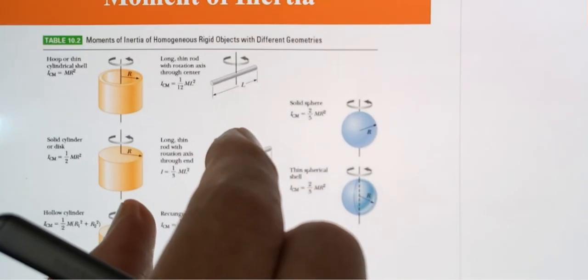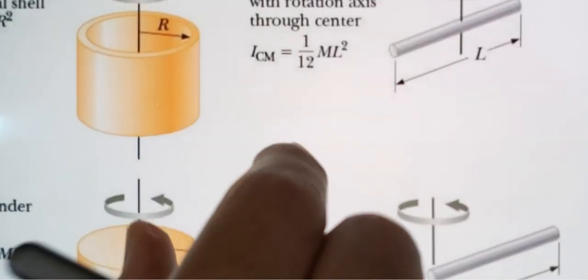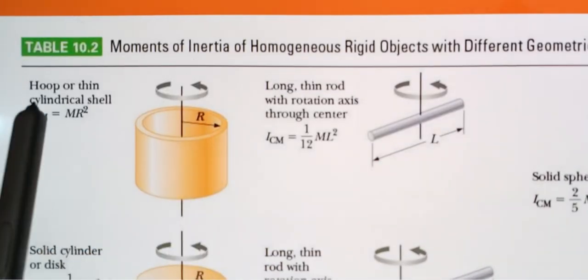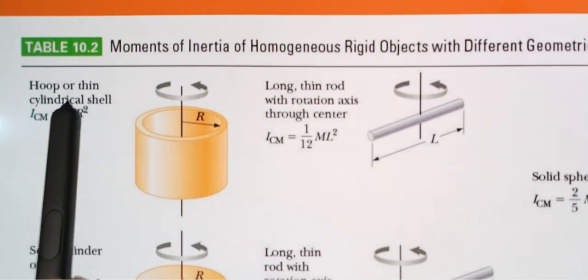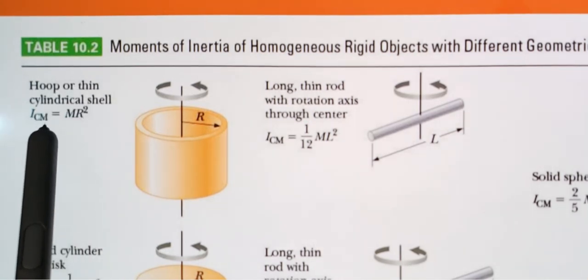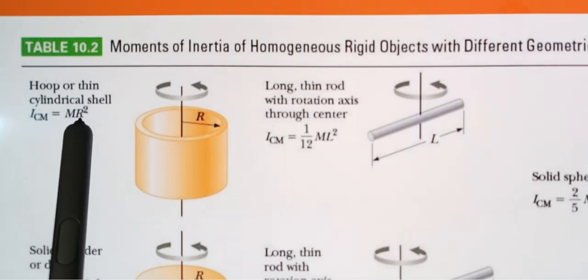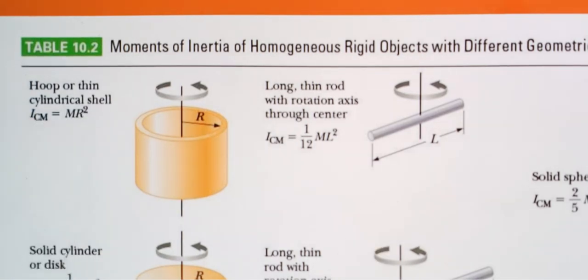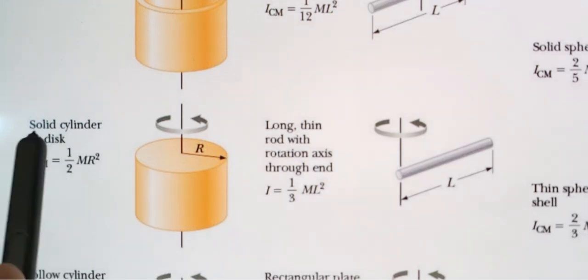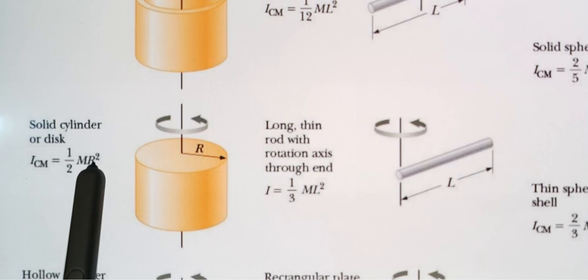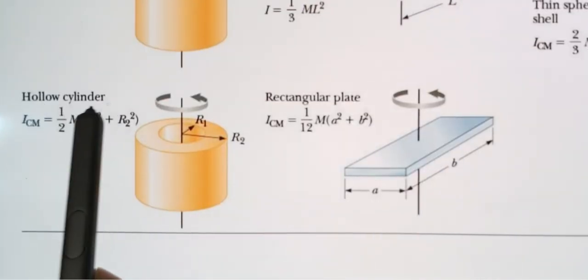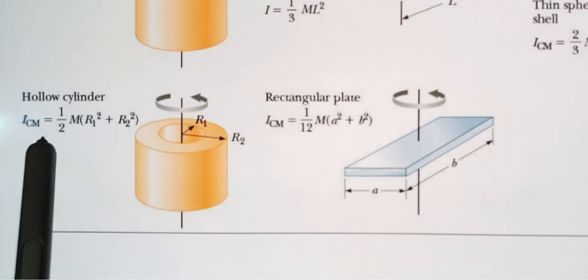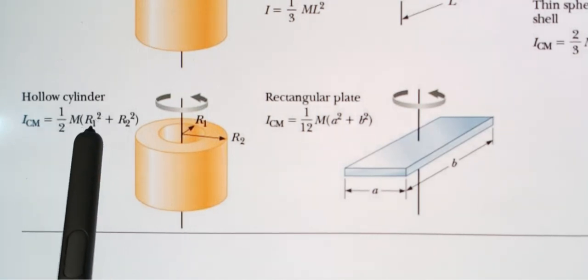Here, for example, if we have a hoop or thin cylinder shell, then the moment of inertia is mr square. Suppose we have a solid cylinder, the moment of inertia is half mr square. Suppose we have a hollow cylinder, the moment of inertia is half m (r1 square plus r2 square).